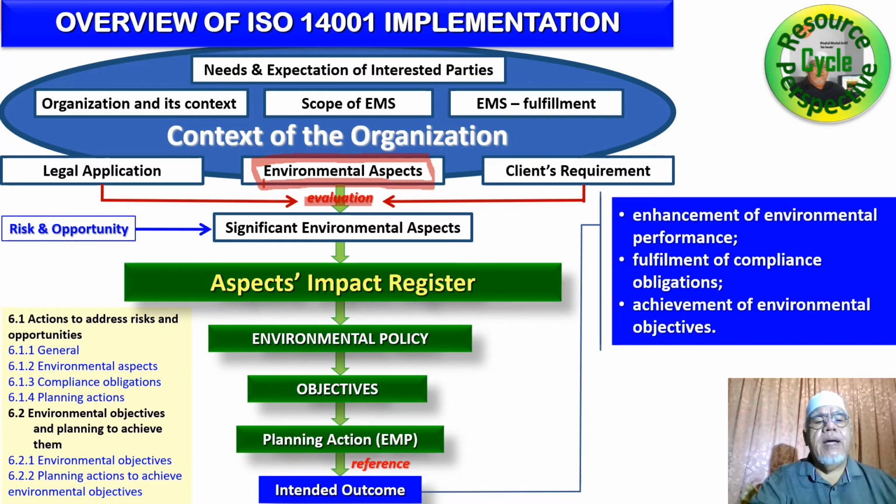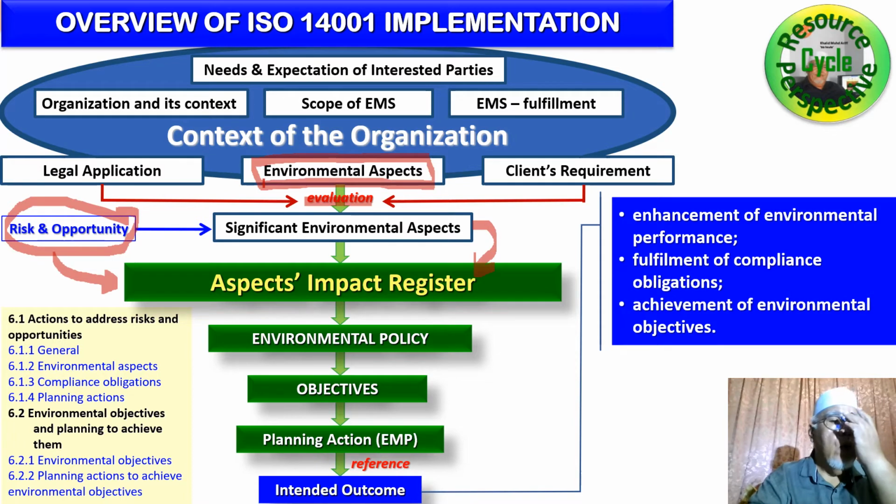And on top of that, we also include in my dashboard in this system for version 2015 risks and opportunities in what they call the aspects impact register. So we assemble all the environmental aspects into a very convenient and wholesome, accurate register of environmental aspects.